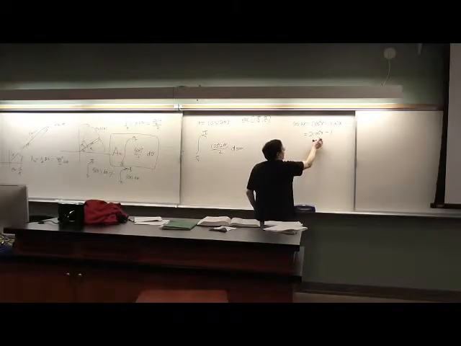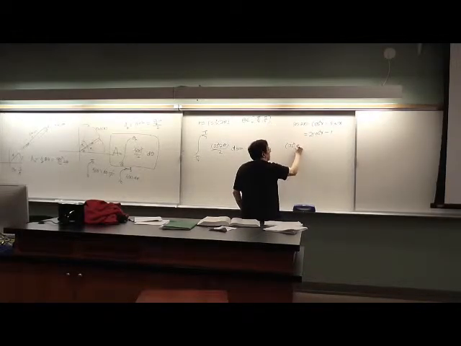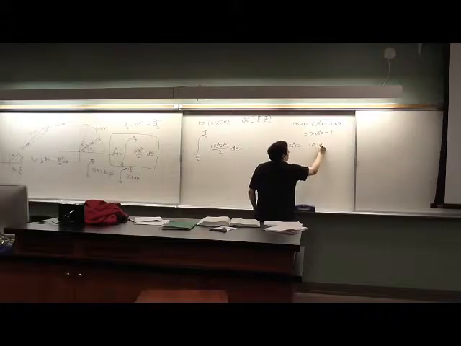And solving for cosine squared, we get cosine of 2x plus 1 over 2.